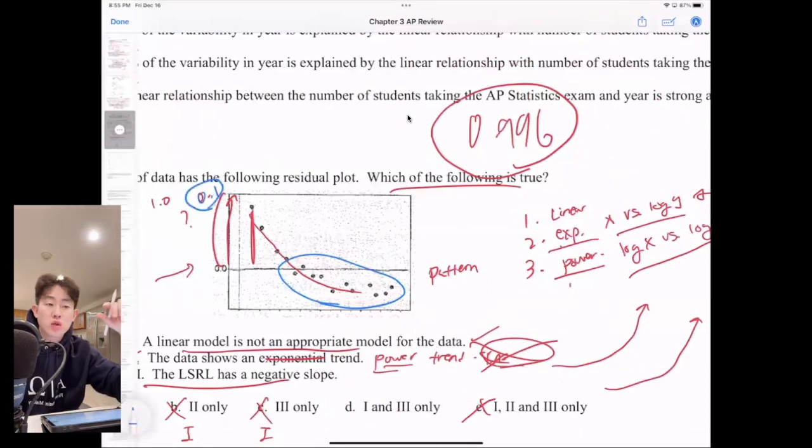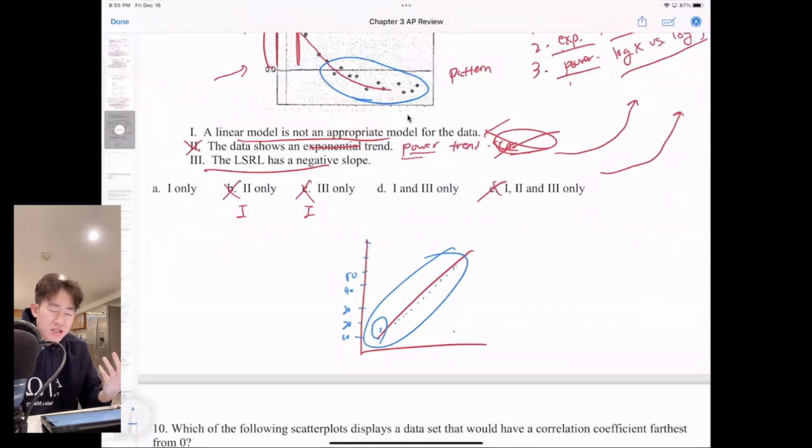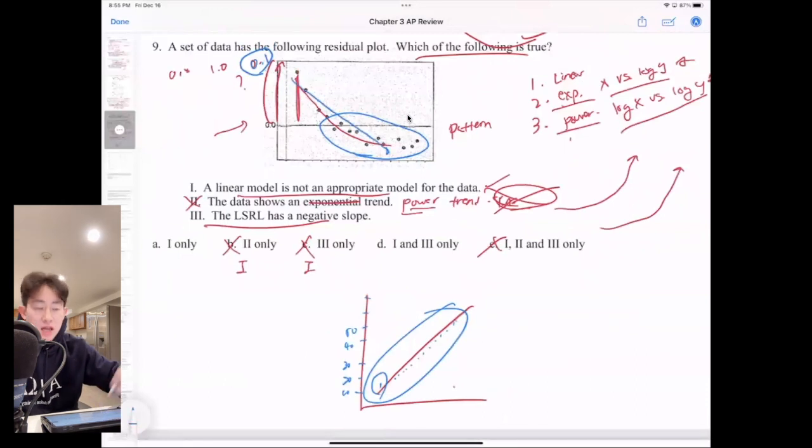Because we don't know the y scale for this, I can see that it could still have a positive relationship. That is the best way that I can explain this to you. Just because you see this downward trend doesn't mean that it's going to be a negative slope. We need to see the numbers on the left-hand side to see how big it is. If this was indeed like 10.0, that means this is really, really big.